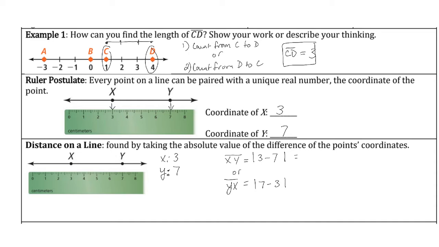The first one is -4, which is +4, because absolute value is the distance from 0. The other is absolute value of 4, which is also +4. So the distance is 4, and you find it by taking the absolute value of the difference of the points' coordinates.